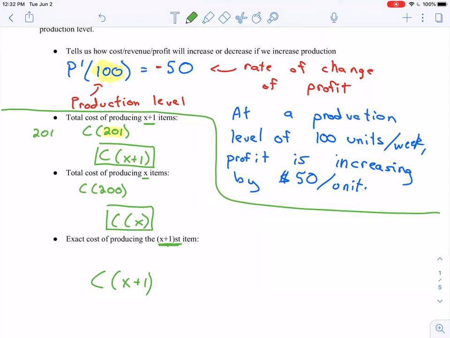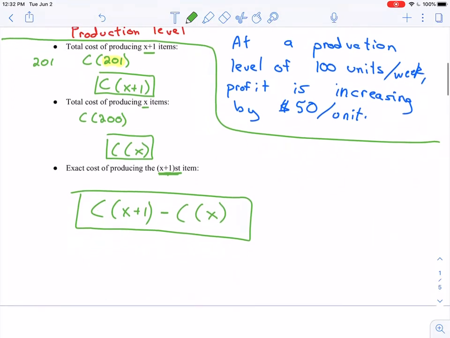So I need to take away the previous X items or the previous, say, 200 items, whatever it is. So this would tell me the exact cost of producing the X plus first item. It says C of X plus 1 minus C of X here.